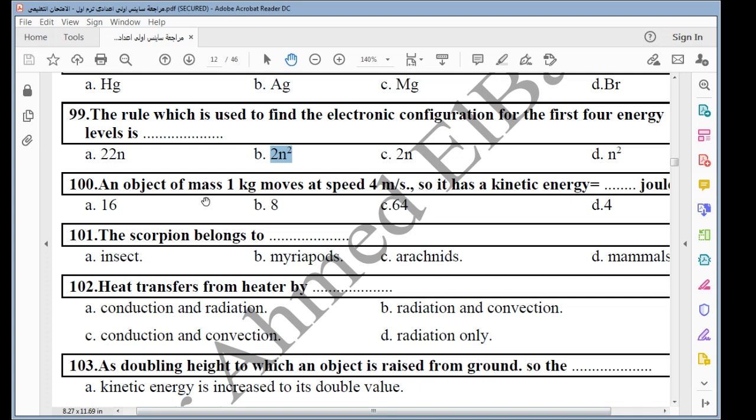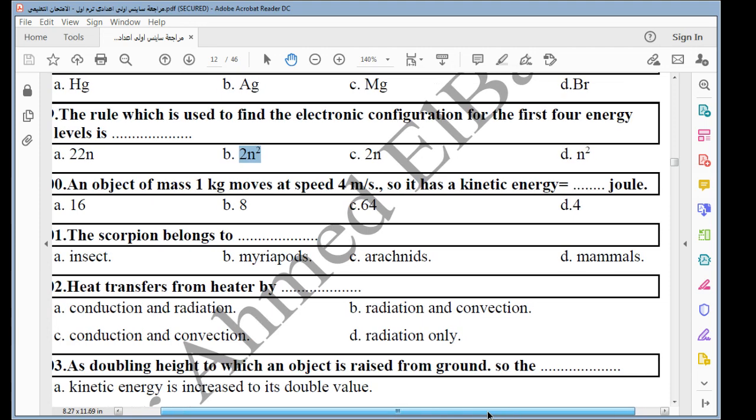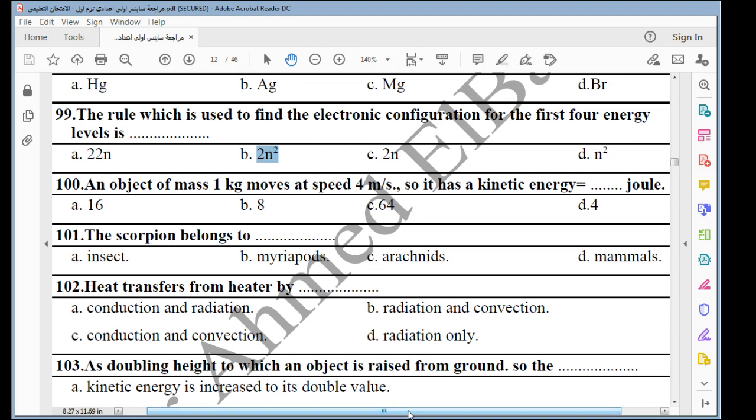An object of mass 1 kilogram moves at speed 4 meter per second, so it has a kinetic energy equal to 8 joules. Calculate.